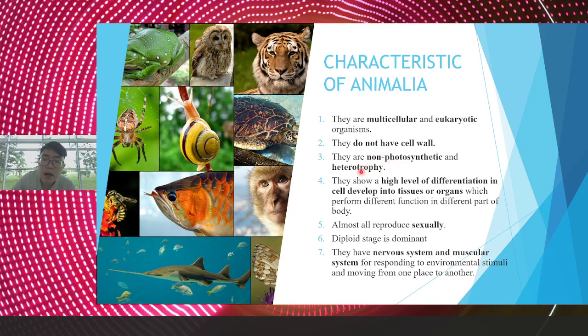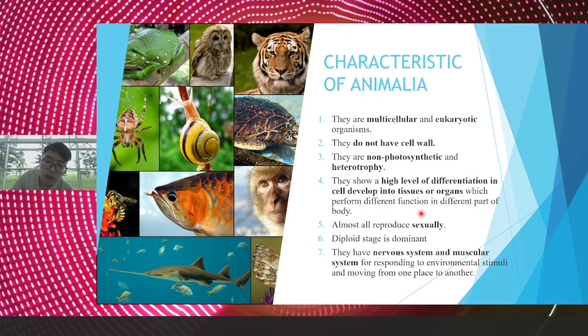So animals are heterotrophic. They show a high level of differentiation, with cells developing into tissues or organs which perform different functions. This means that animals have complex systems within the body compared to other organisms.